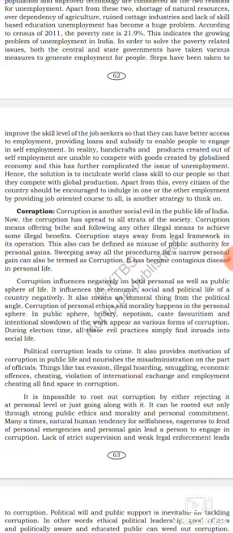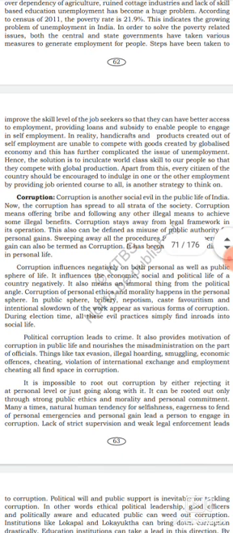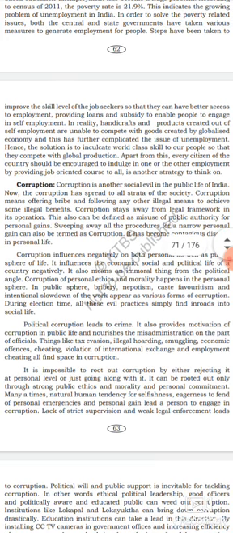Corruption of personal ethics and morality happens in the personal sphere and in the public sphere. Bribery, nepotism, caste favoritism, and intentional slowdown of work appear as various forms of corruption. During election time, all these evil practices simply find inroads into social life.